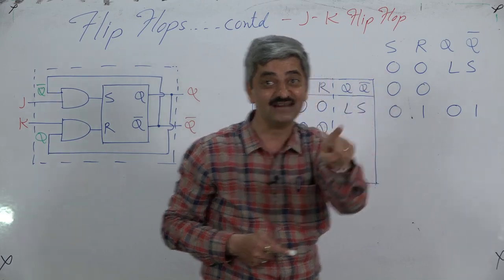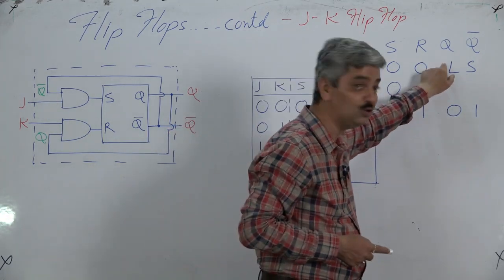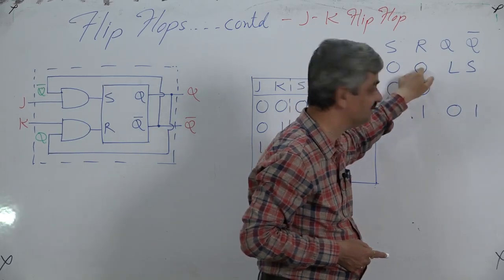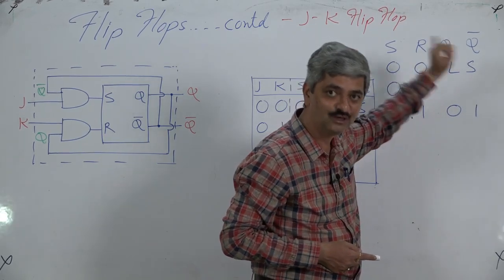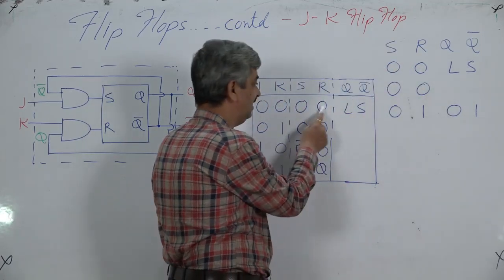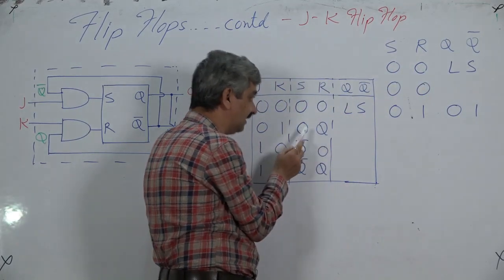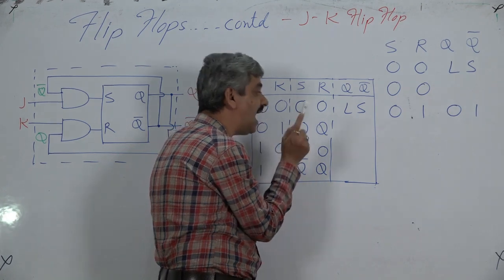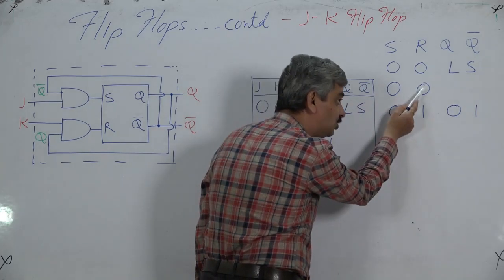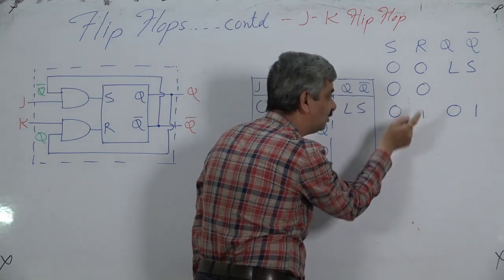So what is the last state which I know? Here I don't know anything about the last state, any state can be the last state. If S is 0 and R is 0, then last state I don't know because both are fixed zeros. In here I write last state, but here S is 0 and R is Q. So I have taken Q0 here and Q1 here.